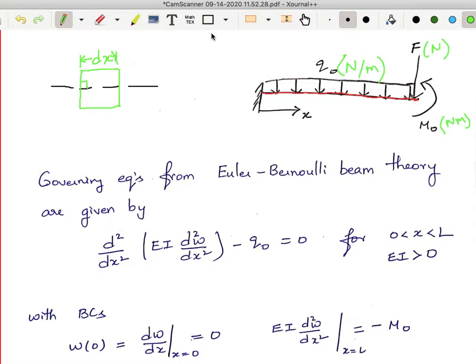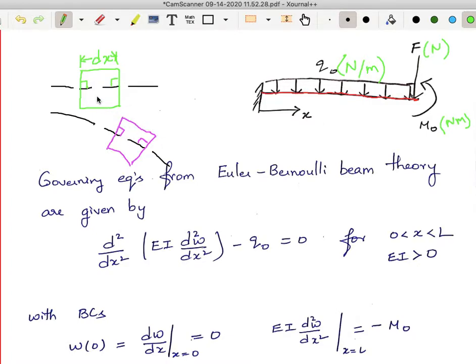Now in the deformed configuration, if this is the neutral axis, then what we assume is that this particular section is getting transformed to this, and we are assuming that these sections which were initially perpendicular to the neutral axis will continue to remain perpendicular.